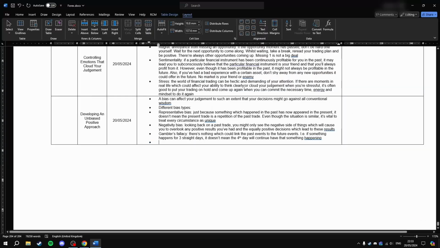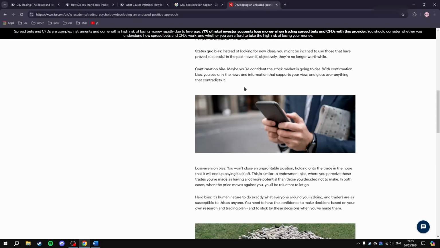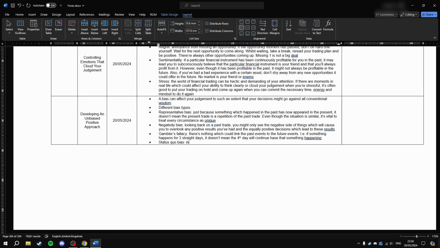Status quo bias. Instead of looking for new ideas, you might be inclined to use those that have proved successful in the past, even if objectively they're no longer worthwhile. So you're basically stuck where you are.